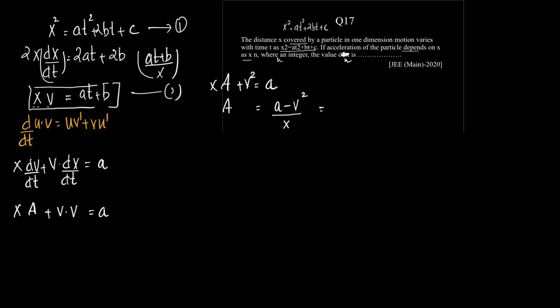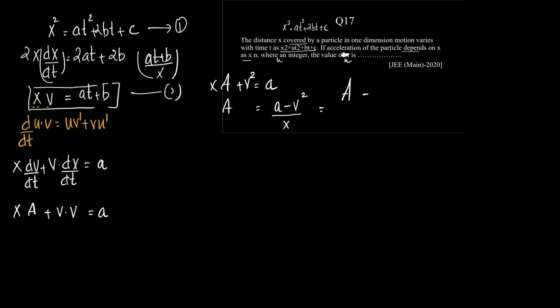So what will this equation reduce to? So capital A will now be equal to a minus, what is v? v from this equation is at plus b by x. So I'll write it here, at plus b by x, the whole square, the whole upon x.